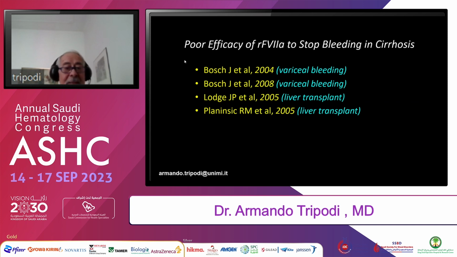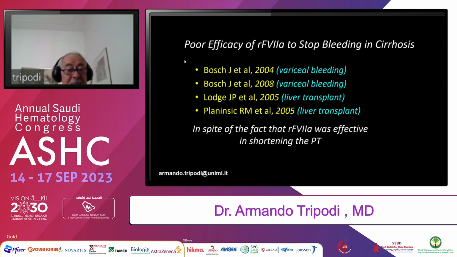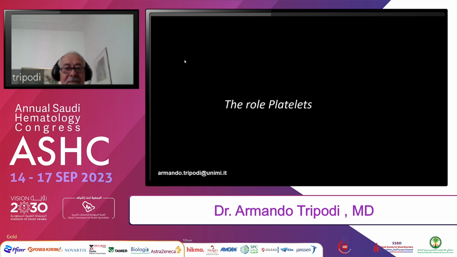Now, in all these trials, there was a poor efficacy of recombinant 7A to stop bleeding in these patients. And this supports the concept that thrombin generation is normal in vivo in these subjects, and therefore there is no need to optimize thrombin generation in these patients, in spite of the fact that recombinant 7A is actually effective in shortening the prothrombin time, but with no clinical effect.